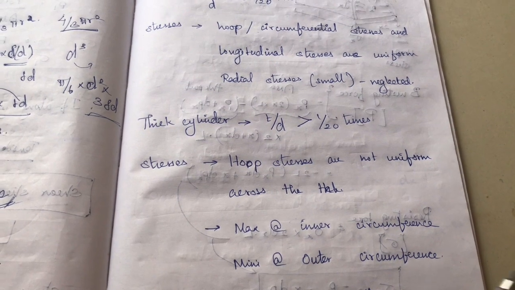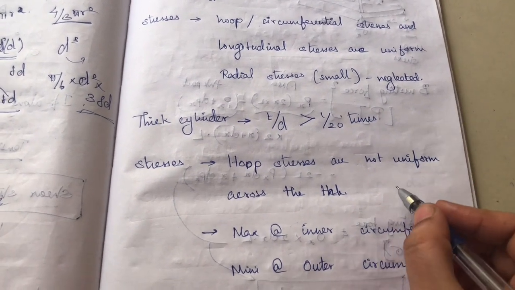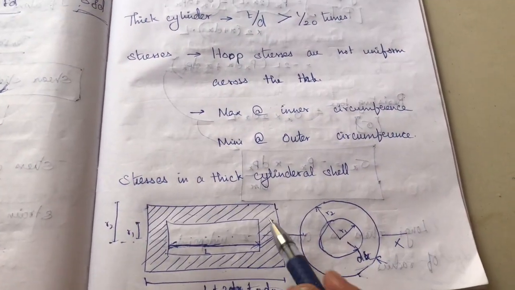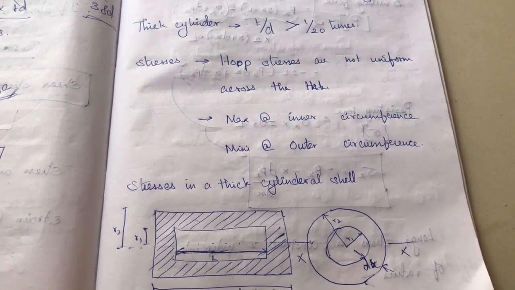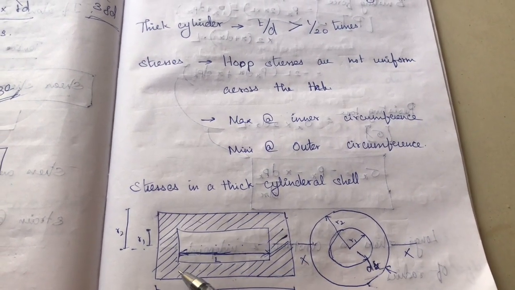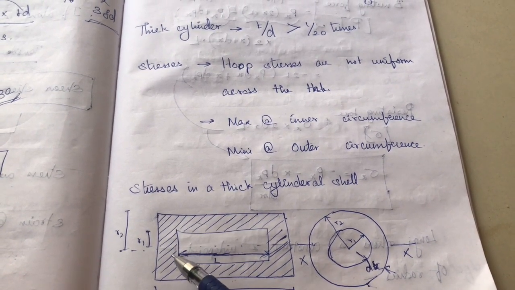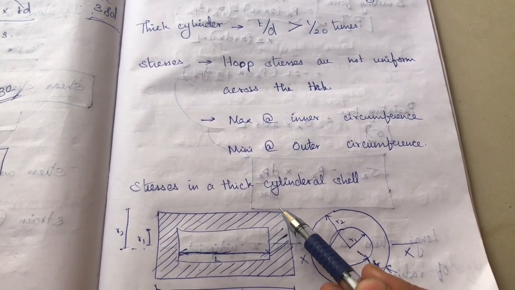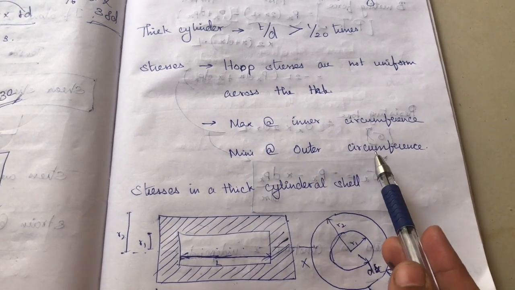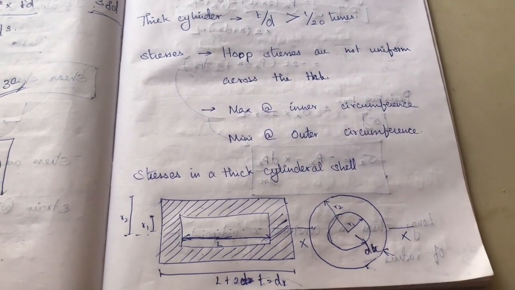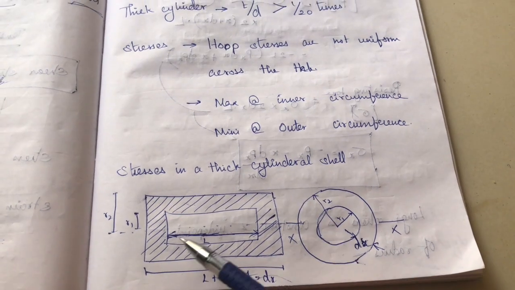Like you can see here. So this is the thick cylinder shell. This is inner circumferential, this is outer circumferential. So inner means it will be maximum, outer means it will be minimum circumferential stress. Okay, so this is the diagram.